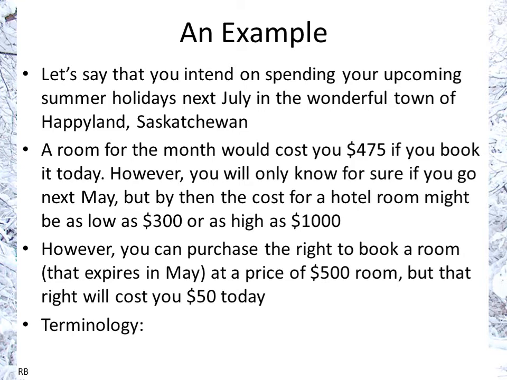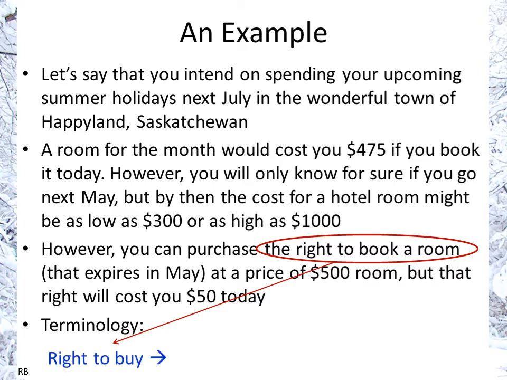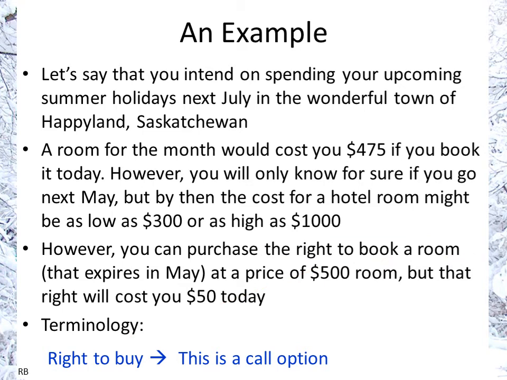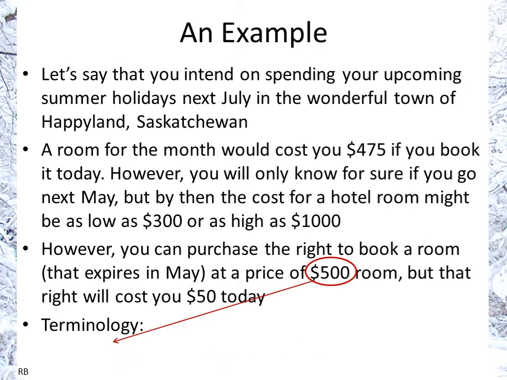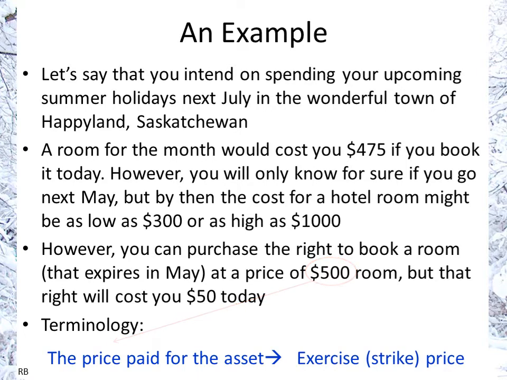So let's look at the terminology here. Starting with the right to book a room. If you have a right to book the room, that means you have the right to buy, essentially, the use of that room, and that is a call option. Now, the $500 that you would pay if you exercise that right, that is the price that you would pay for the asset, which is the use of that room.